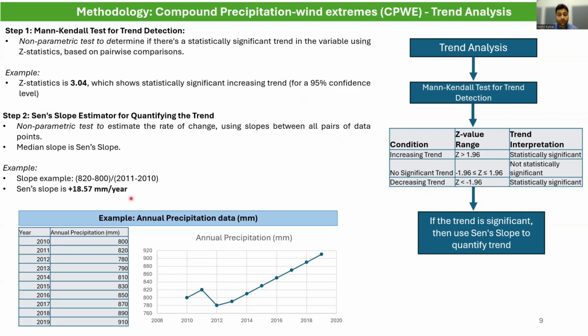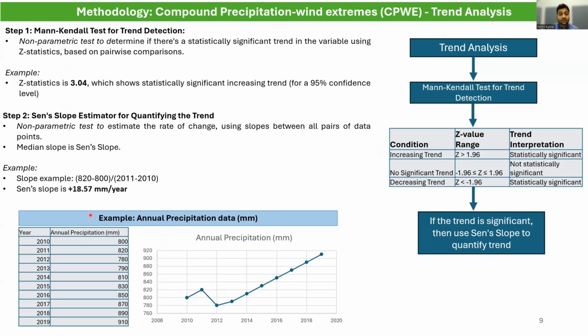In this example, this is our time series of annual precipitation, and in the graph we can see there is an increasing trend. If we apply these tests to this time series, we should get values which satisfy the criteria for the increasing trend. The Z statistic we get is 3.04, which means it has a statistically significant increasing trend.